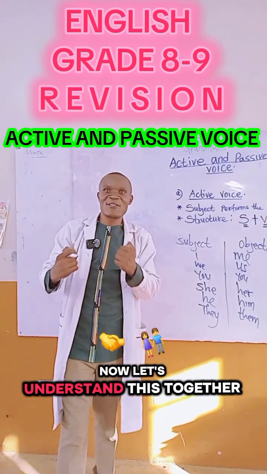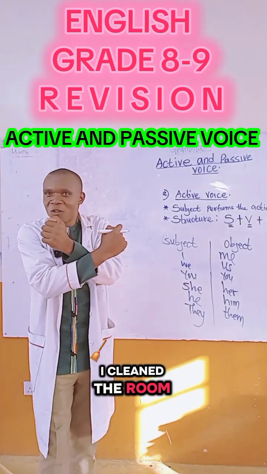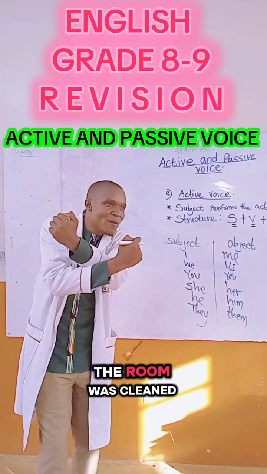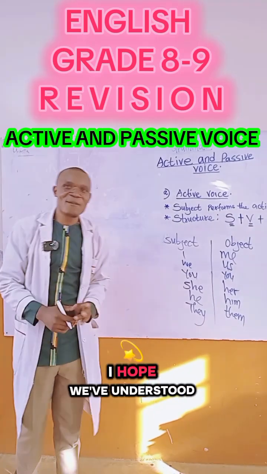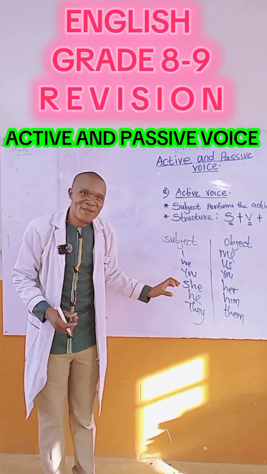Now let's understand this together. I cleaned the room. So I'll start with the receiver in passive voice. The room was cleaned by me. I hope we've understood. Any question?